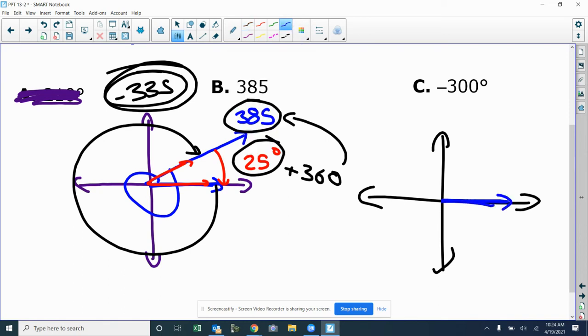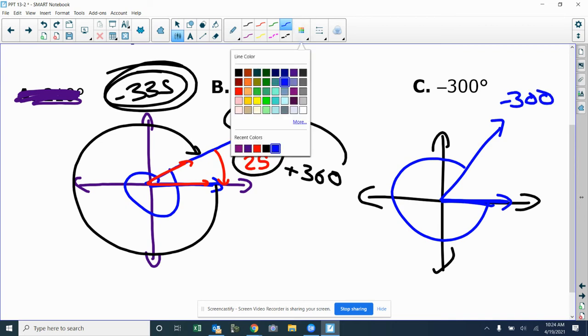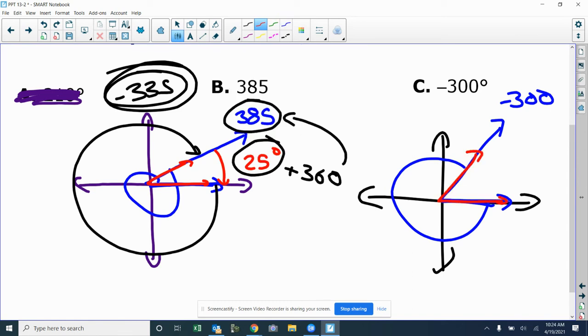That's negative 90, negative 180, negative 270, negative 300. What's the reference angle for negative 300 though? It is 60. That's literally Pac-Man. It is 60, you see it?